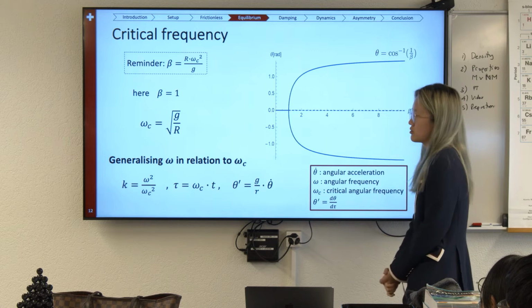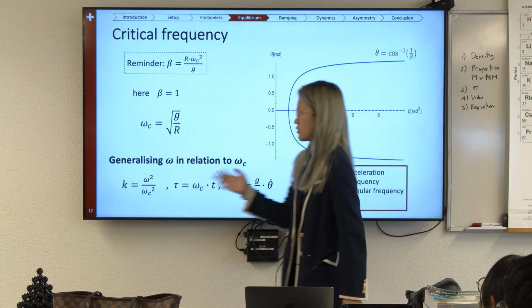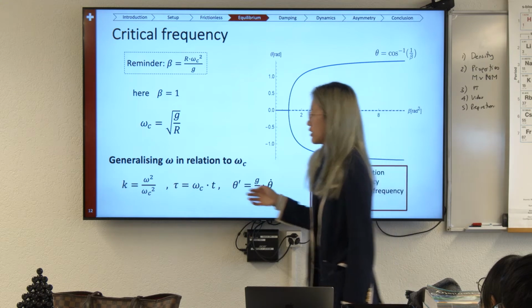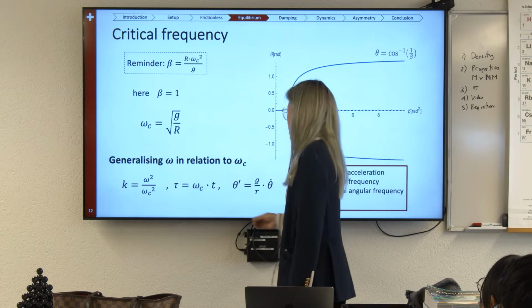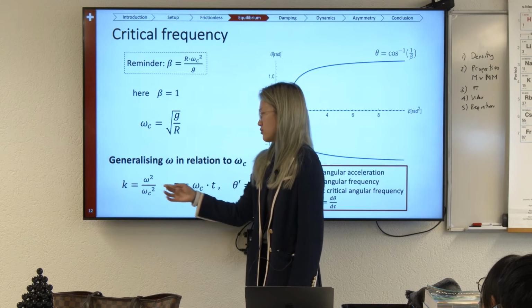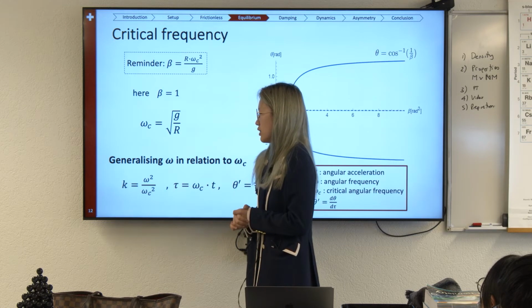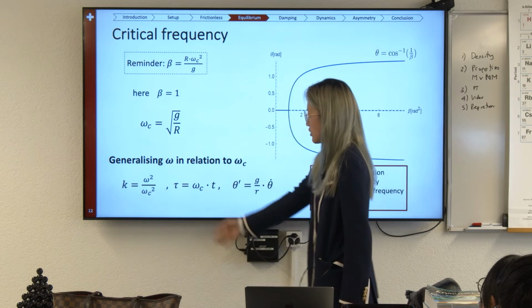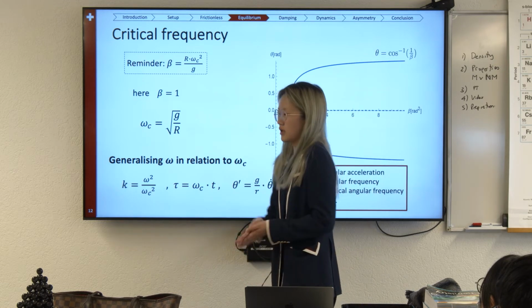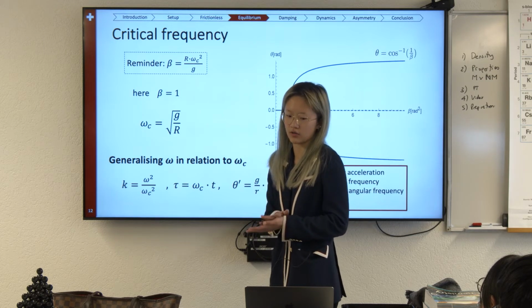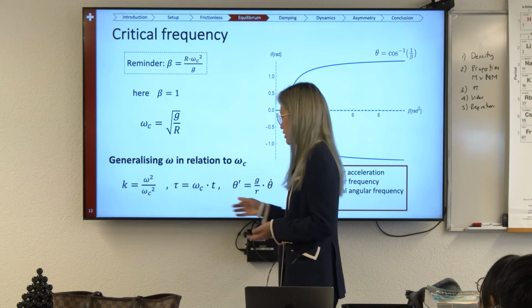In order to generalize the angular frequency in relation to the critical frequency, we can introduce some new constants. k represents the square of the angular frequency divided by the square of the critical angular frequency, and tau relates the critical angular frequency to time.